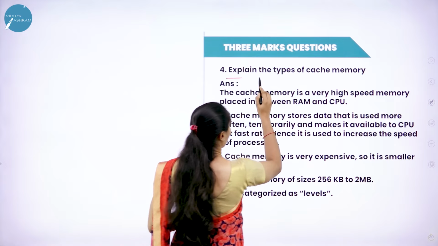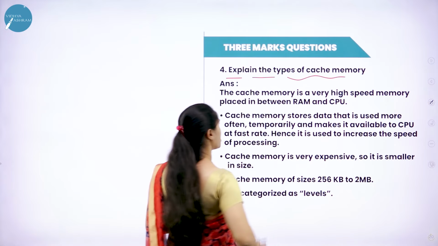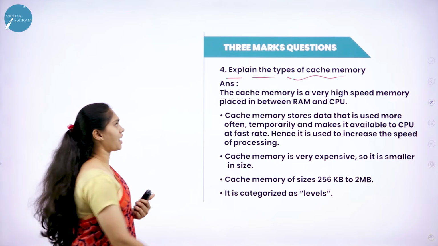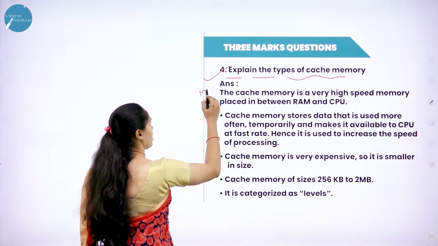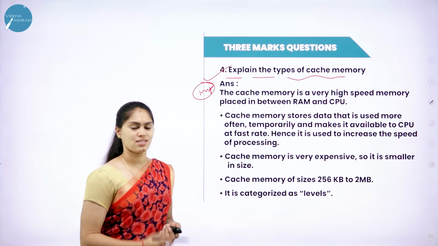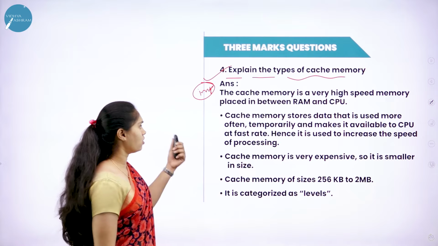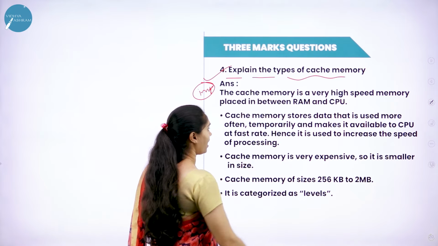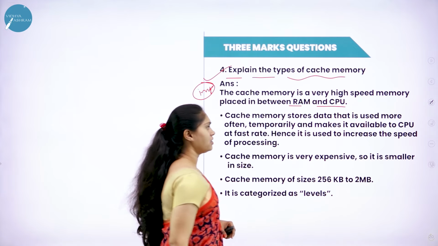Next, we'll see the question: explain the types of cache memory. Very important question, which is a most frequently asked question for 3 marks. So along with a diagram, you have to explain what this cache memory is all about. Cache memory is a very high speed memory, and where will it be located? It will be between the RAM and CPU.